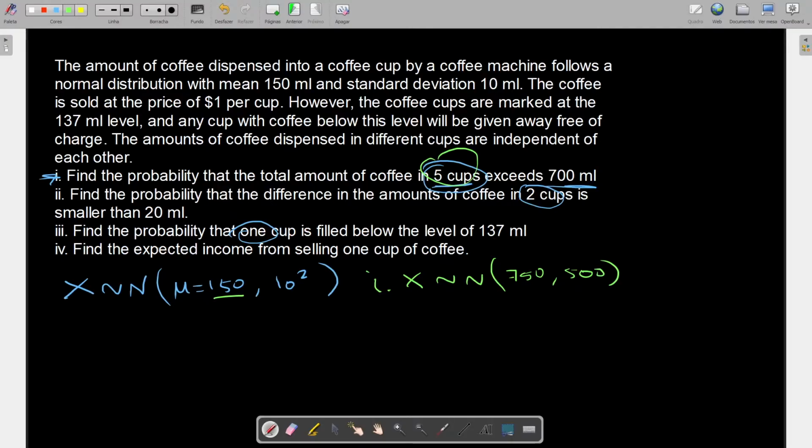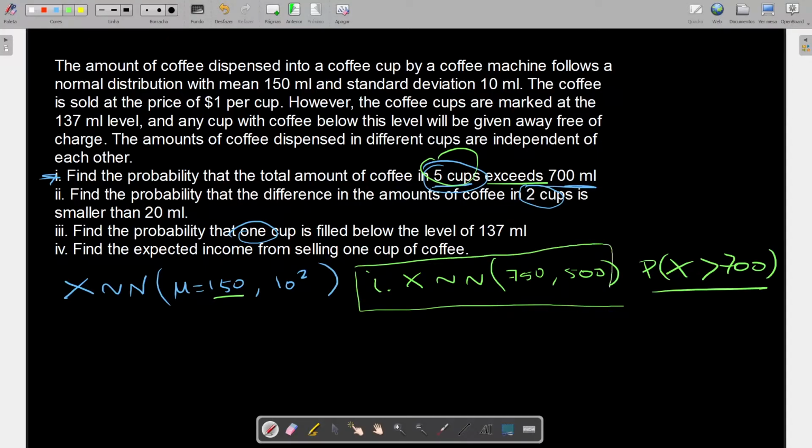So essentially, when you're doing this problem, we are saying that the probability that the total amount exceeds 700, so it's the probability of X exceeding 700. This is all that you need to calculate, but we needed to make this first step in order to have the correct numbers inside.